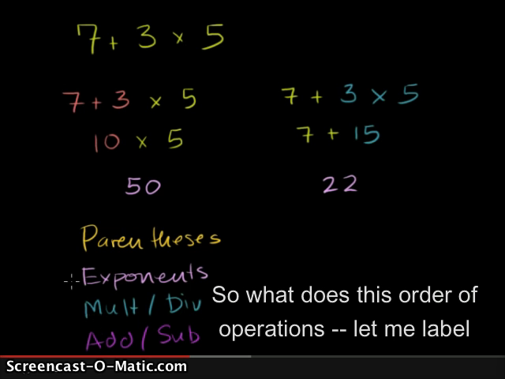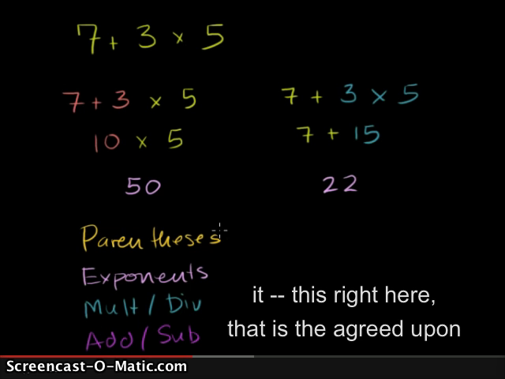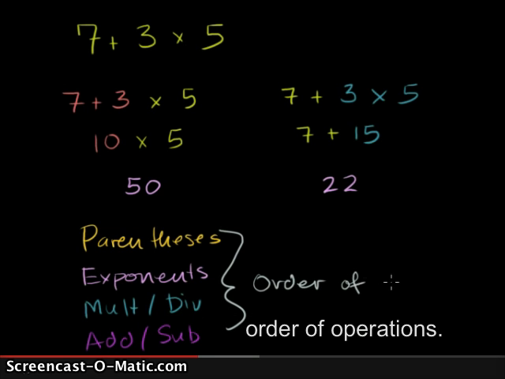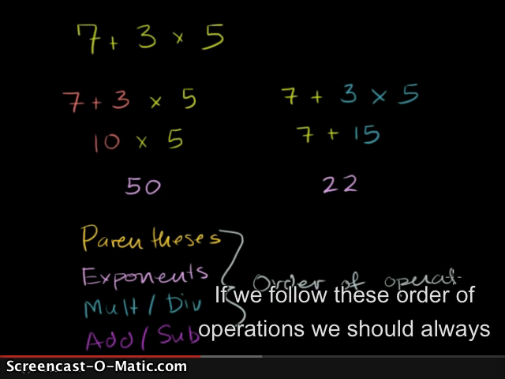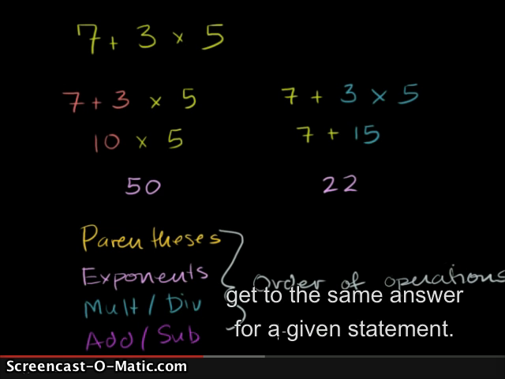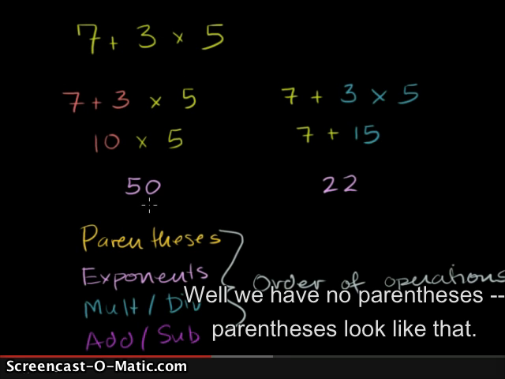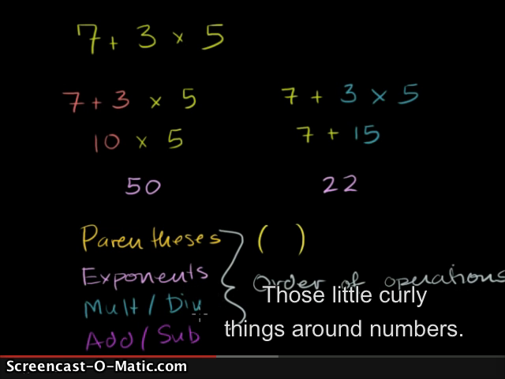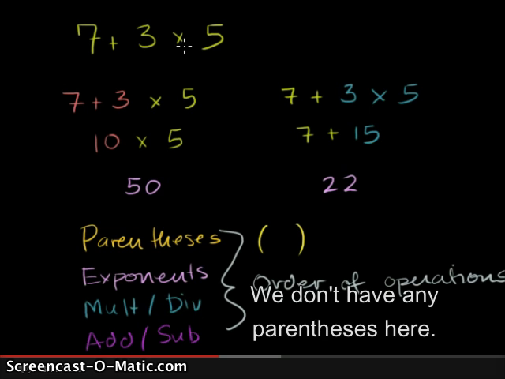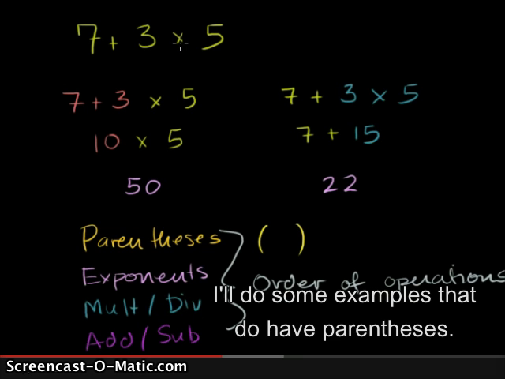So what is this order of operations? Let me label it. This right here, that is the agreed upon order of operations. And if we follow these order of operations, we should always get to the same answer for a given statement. So what does this tell us? What is the best way to interpret this up here? Well, we have no parentheses. Parentheses look like that. Those little curly things around numbers. We don't have any parentheses here. I'll do some examples that do have parentheses.